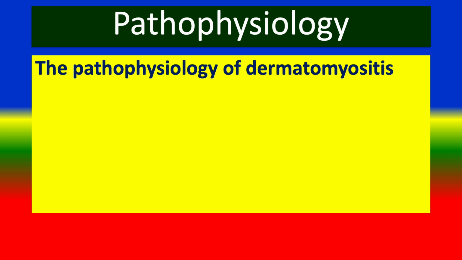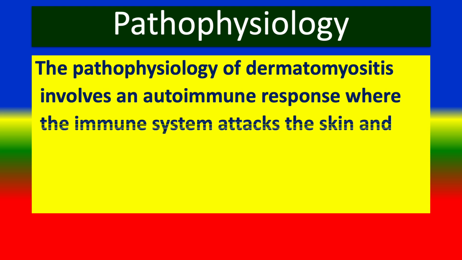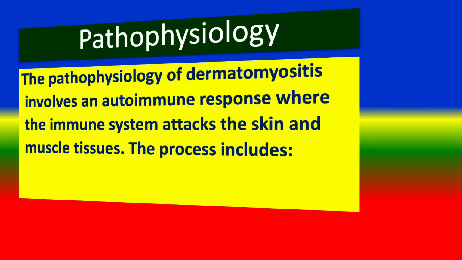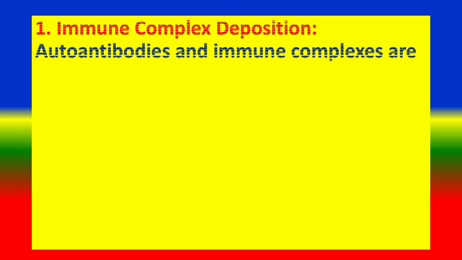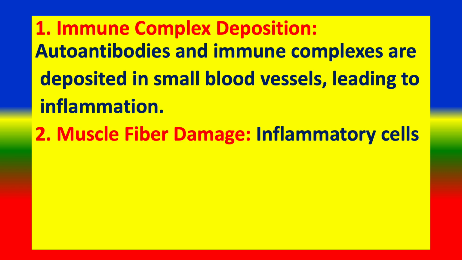Pathophysiology. The pathophysiology of dermatomyositis involves an autoimmune response where the immune system attacks the skin and muscle tissues. The process includes: 1. Immune complex deposition. Autoantibodies and immune complexes are deposited in small blood vessels, leading to inflammation. 2.